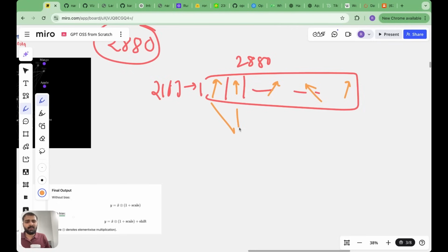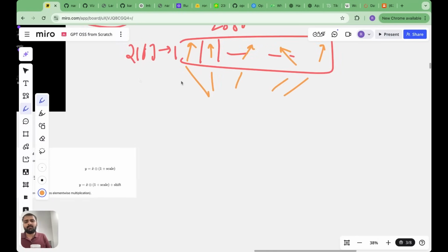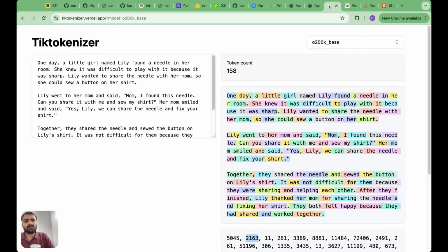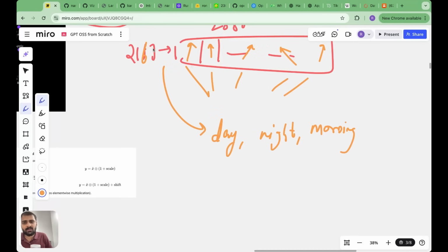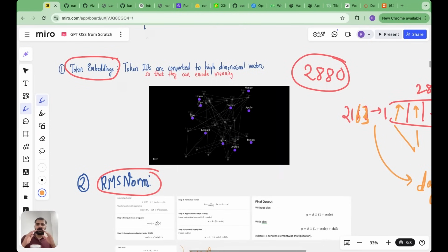These parameters will be tuned as the training proceeds, so that this vector, for the token "day", and then "night" and "morning", which carry similar meaning, will have vectors closer to each other after everything is trained. So that's the whole idea of this first step, which takes words and converts them into high dimensional vectors so that they can encode meaning.